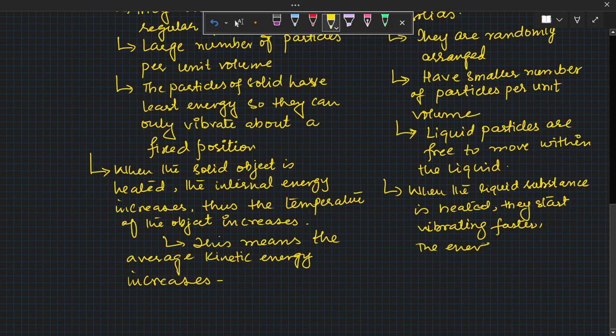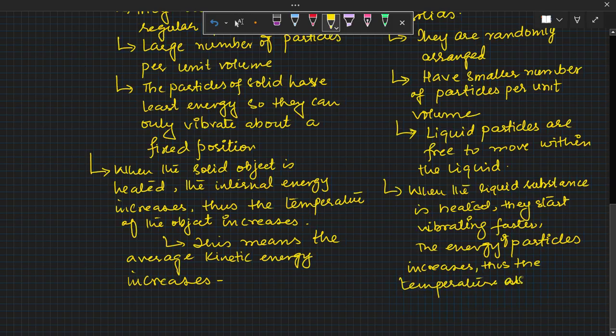The energy of particles increases. That means the collisions become frequent. Thus the temperature also increases. Clear?